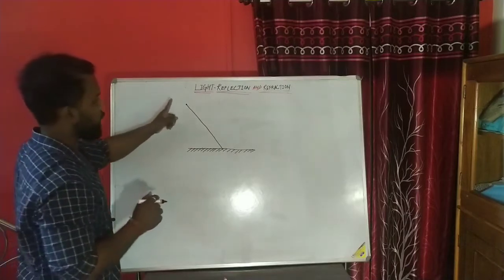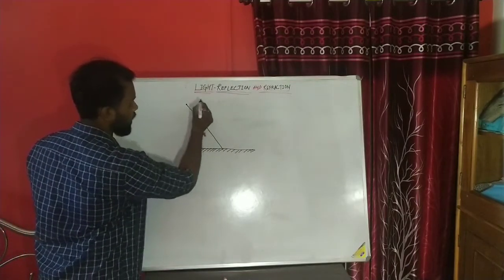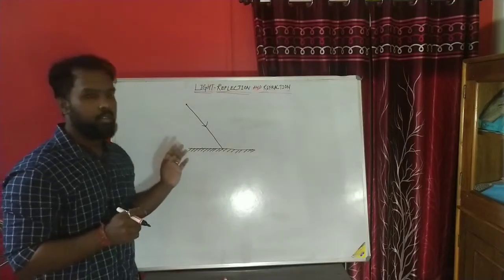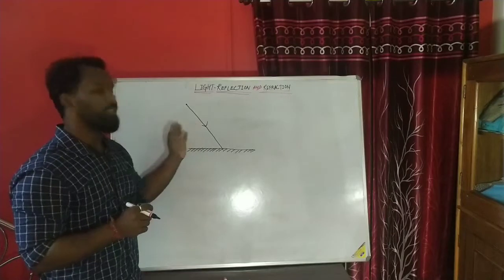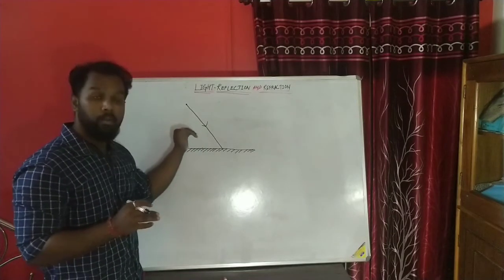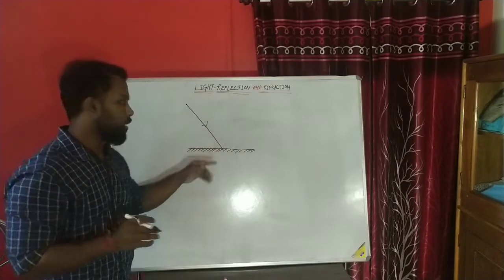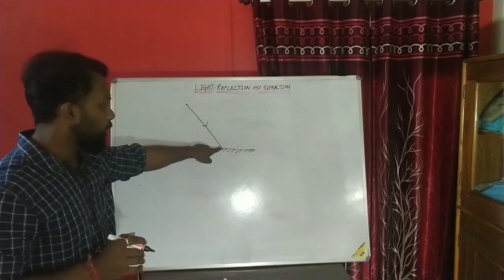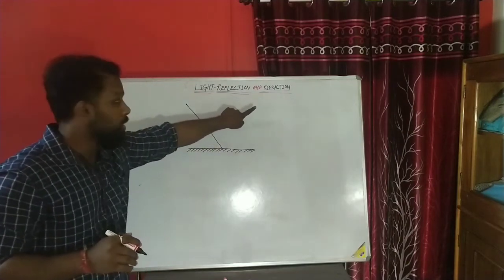Since this beam of light is coming from this direction, we have to give an arrow mark. And remember, in this light lesson, this arrow mark has great importance. If you do not give this arrow mark, there will be no meaning, since we need to know from which direction the light is coming and towards which direction it is going. Once it reaches this polished surface, it will bounce back to the same medium.